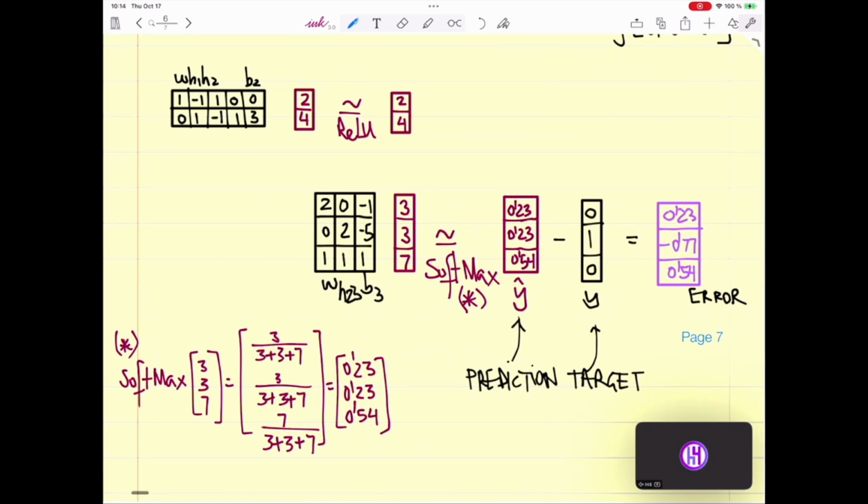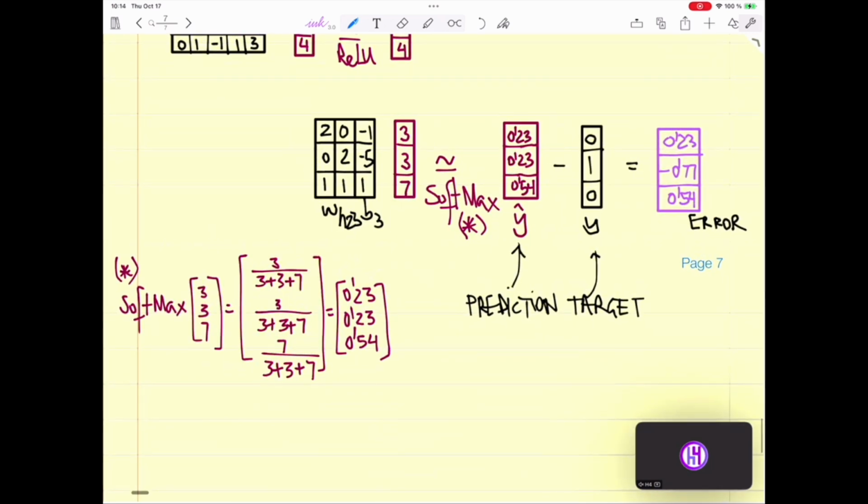So now we do the back propagation, and I'm going to explain step by step what we do so that you don't get lost, because it can be tricky.